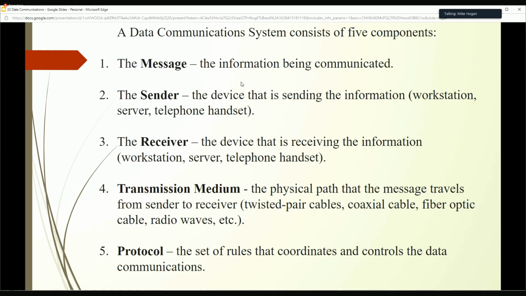That conversation, typically you got a language, a list of rules, so we understand that those sounds mean certain things. And so you've always got these 5 elements that come into play. Obviously, we're going to focus on the networking piece of it and digital data communications that's taking place over our networks.